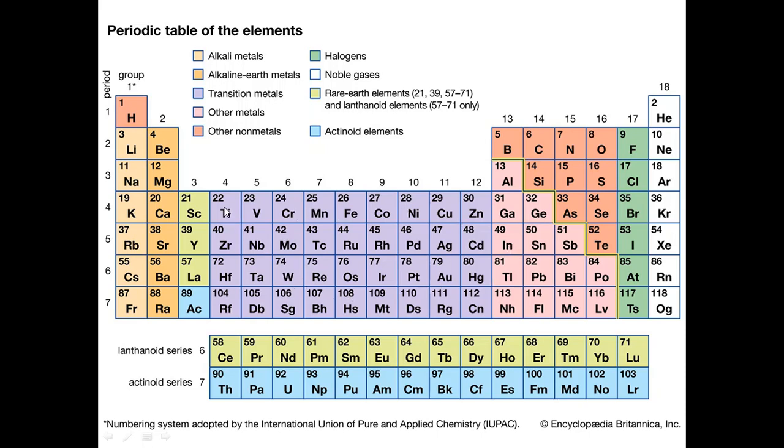So from group 4 to group 12, all these elements are metals, but they are called transition metals, not like the alkaline earth metals or alkali metals. The name metals comes in because they form a positively charged ion or cation.